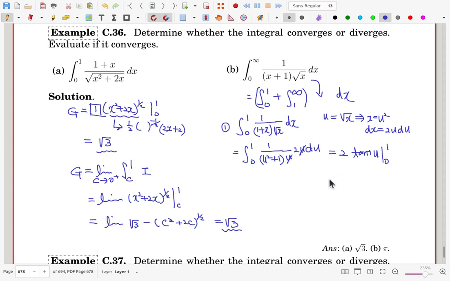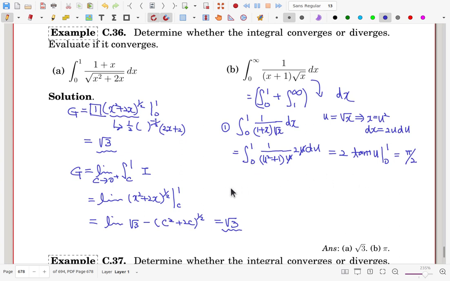At 1, arctangent of 1 is pi over 4, twice that is pi over 2. So we get pi over 2 for 0 to 1.